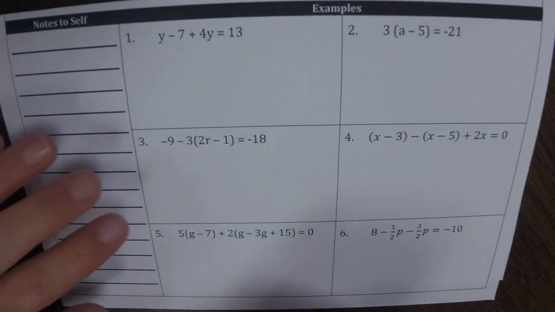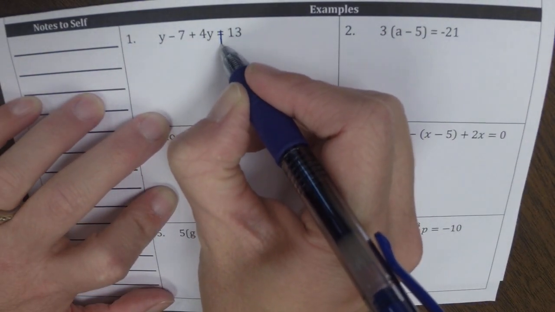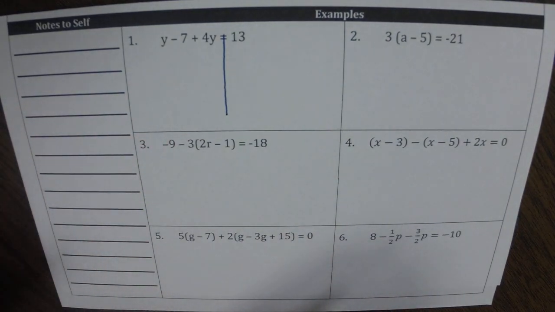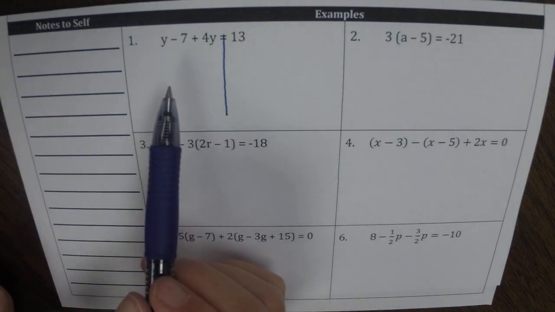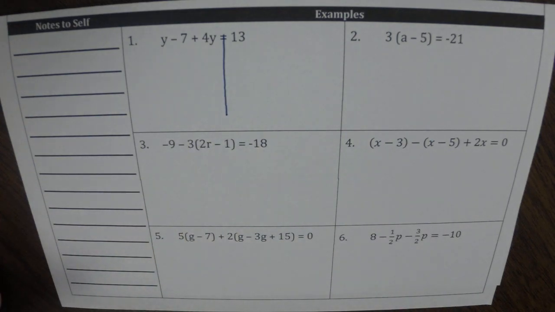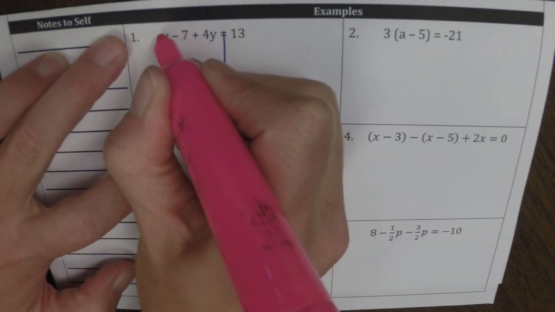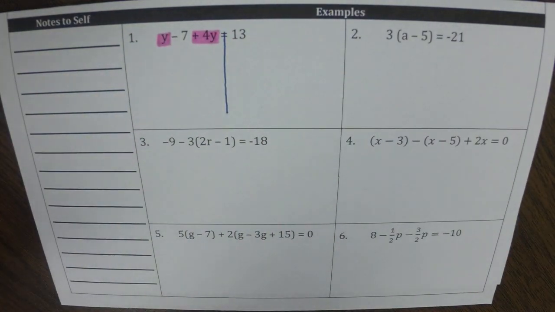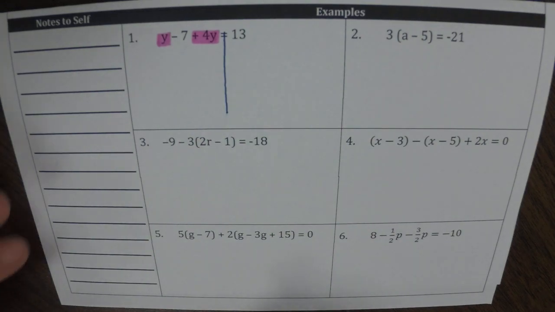So here's our step 1. We draw the line on the equal sign. Step 2 is to distribute to remove parentheses, but I don't have any parentheses, therefore I can't distribute. So then our next step is to combine like terms on each side separately. On this side I have a y and a plus 4y, and then I have the minus 7 that would be by itself.